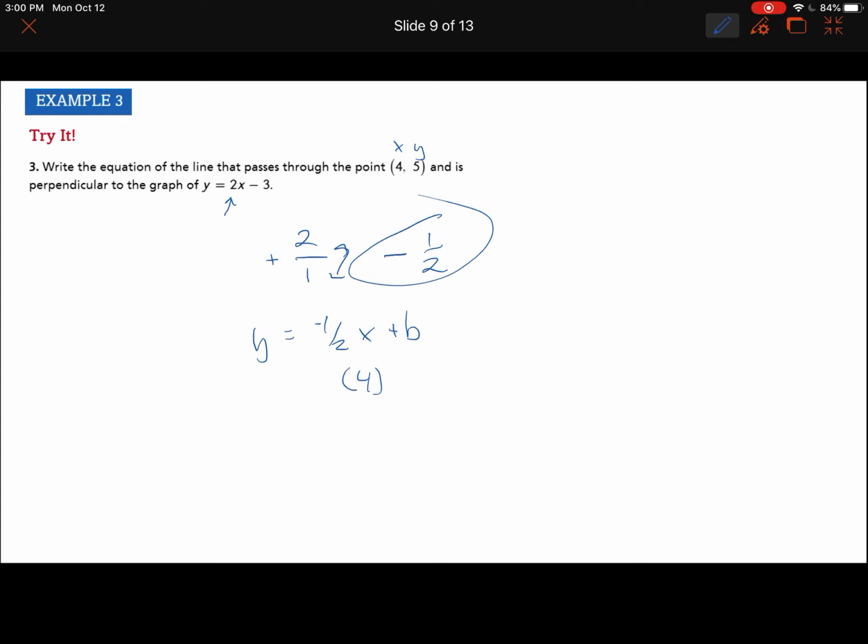I'm going to sub in the 4 for x and the 5 for y. So I have 5 is equal to negative 2 plus b. Add the 2, and the b value is going to be 7. So we could say y equals negative 1/2 x plus 7.